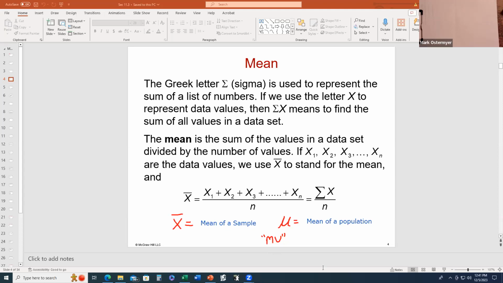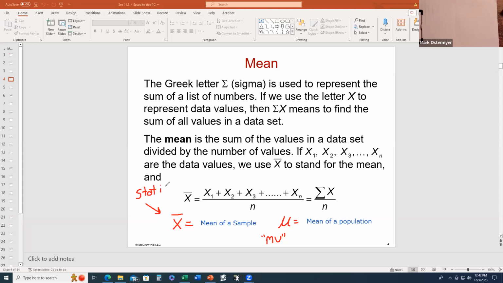Okay. All right. Any result, ladies and gentlemen, that is computed from a sample is called a statistic. So, by definition, X bar is a statistic because it is a value computed from a sample.